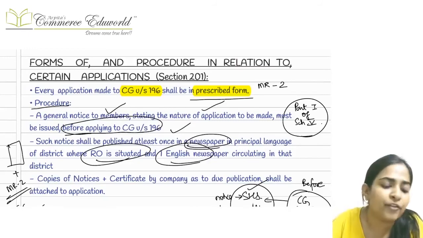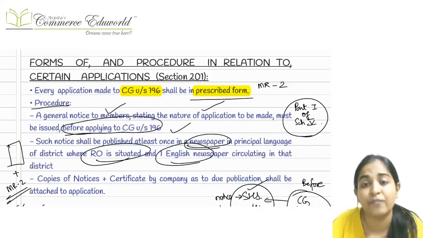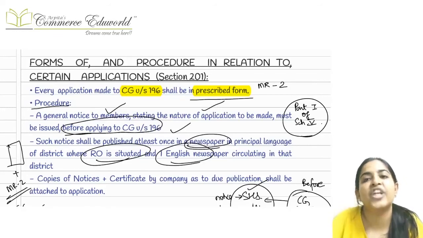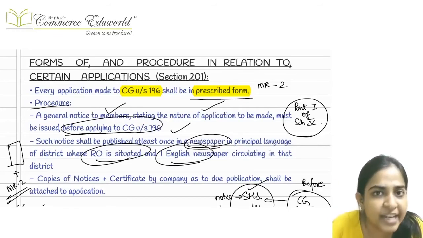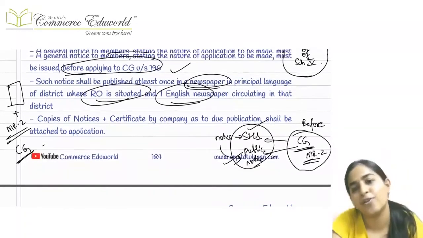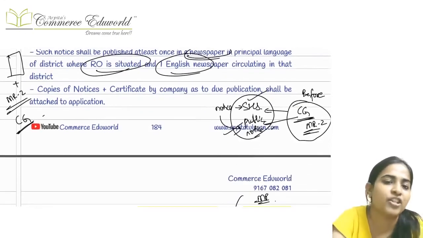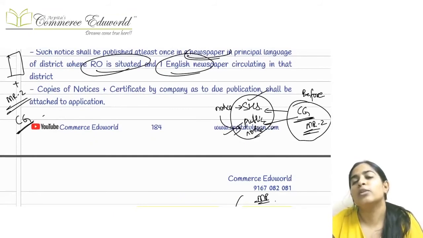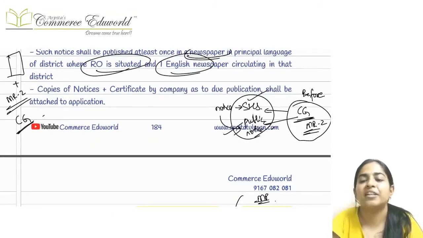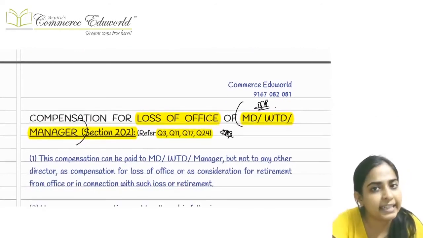Before you make an application to the central government, make sure that you have intimated the shareholders, and you have to give a public notice in two newspapers, one English language newspaper and the other a vernacular language newspaper, that we are going to make an application to the CG. Only after that can we make an application to the CG in form MR2 within a period of 90 days.